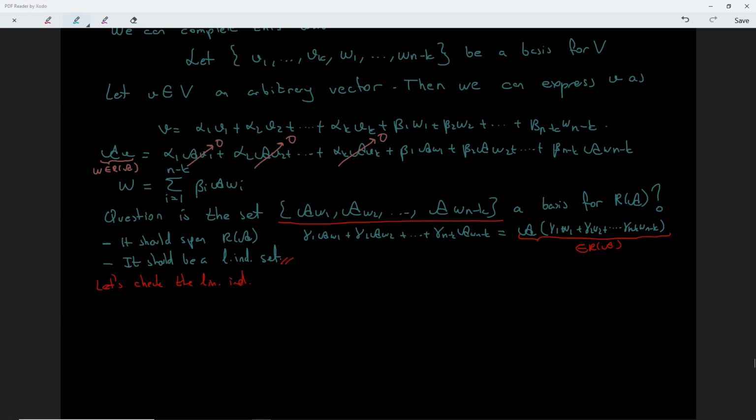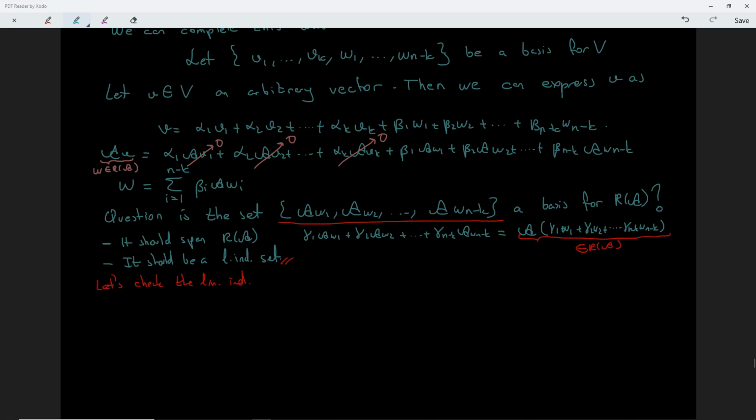A linear combination of vectors should be zero if and only if all coefficients are zero, right?